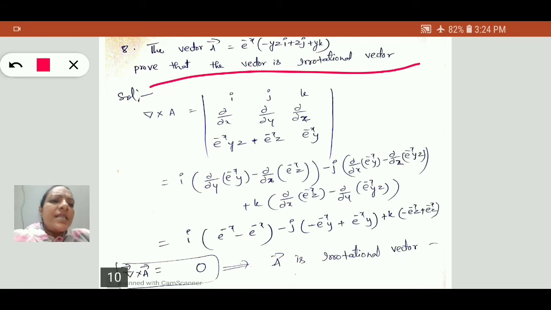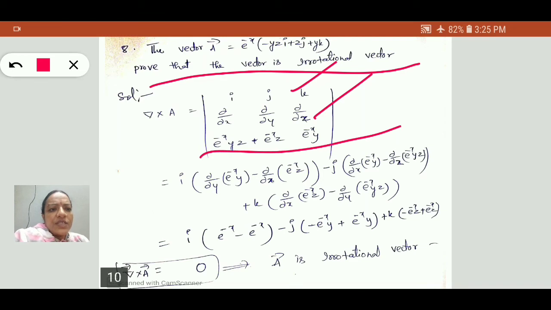We write the determinant with rows i, j, k, then ∂/∂x, ∂/∂y, ∂/∂z, and next the coefficients of i, j, k. By splitting the given function, we get the i coefficient as e^(-x) yz, then e^(-x) z, and e^(-x) y.